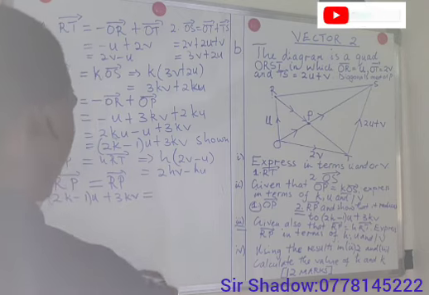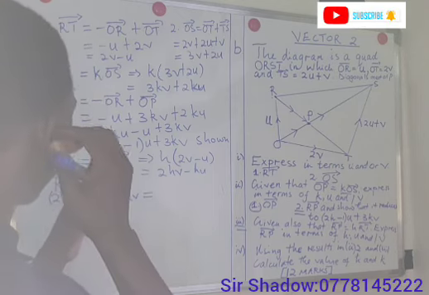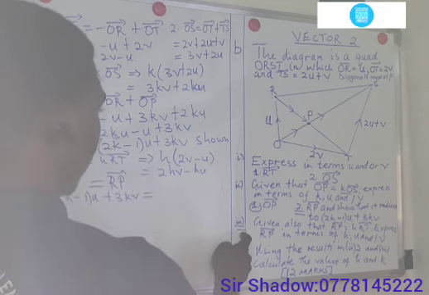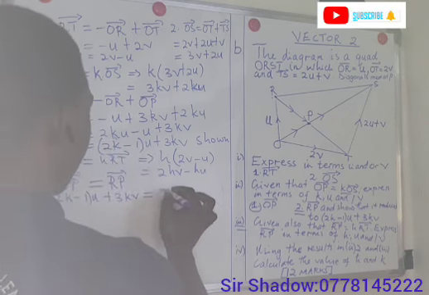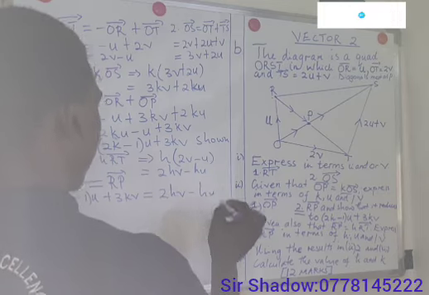This is equals to RP, but RP from item number 3, which is 2hv minus hu.